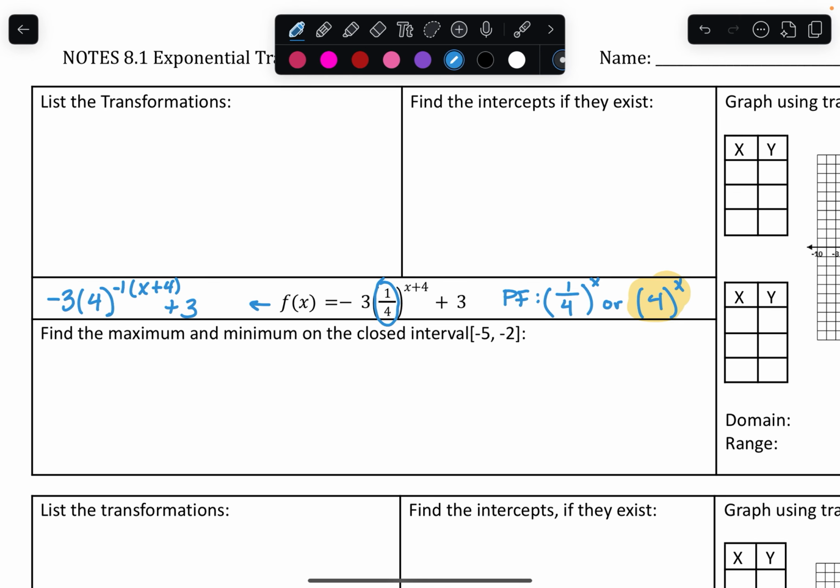So the transformations that we have using this as a whole number base, we have a reflection over the x-axis for that negative in front. Since there is a number being multiplied on the outside of the base, there's a vertical dilation by 3. There is a reflection over the y-axis for that negative, and then it is going left 4 and up 3.